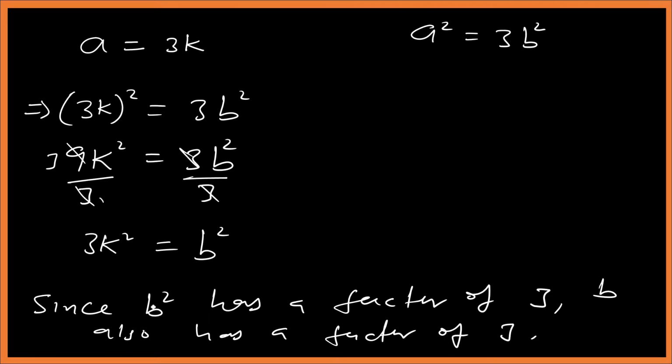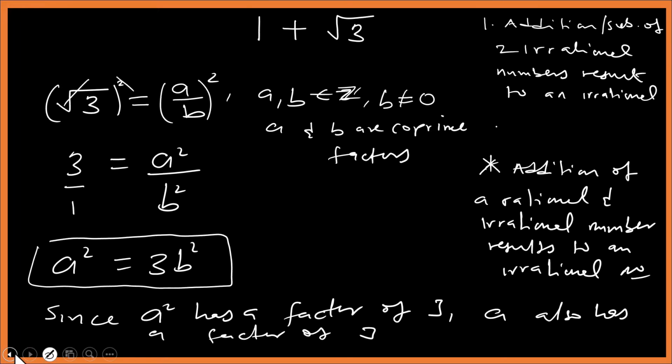Now remember that we said a and b should not have common factors, which is the same as a and b are co-prime factors. It means a and b shouldn't have any factors apart from 1.